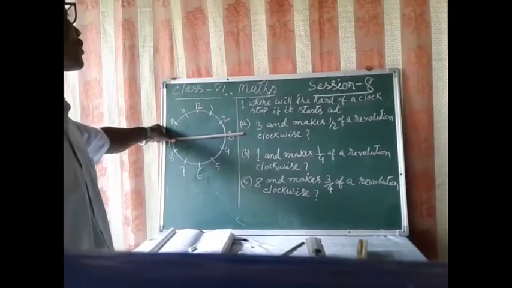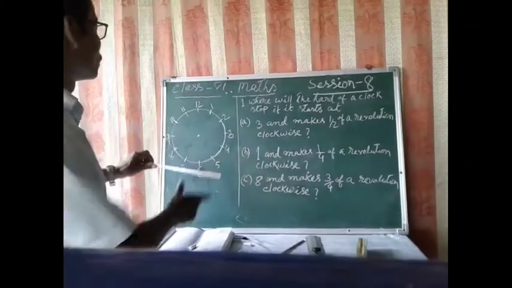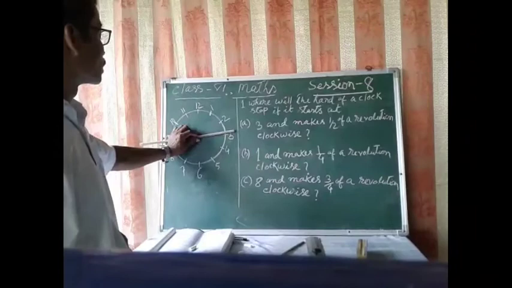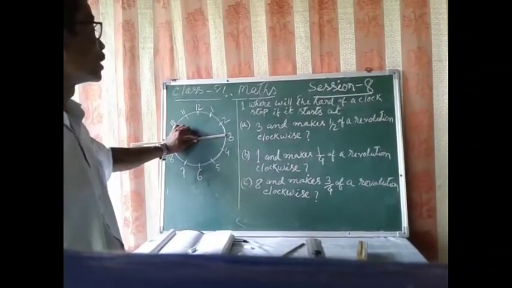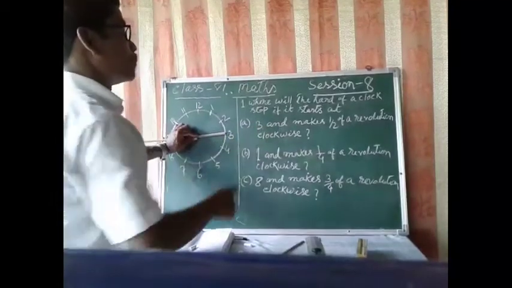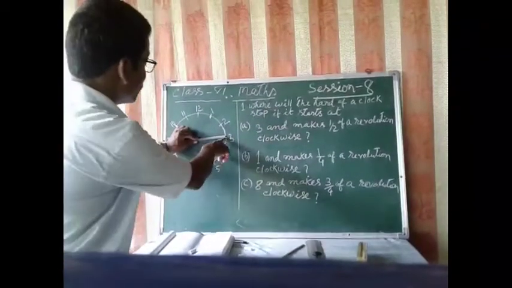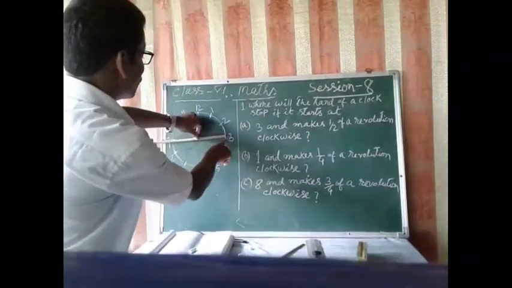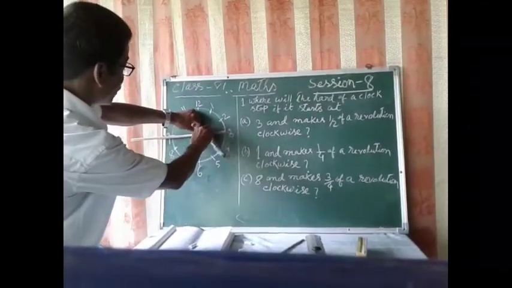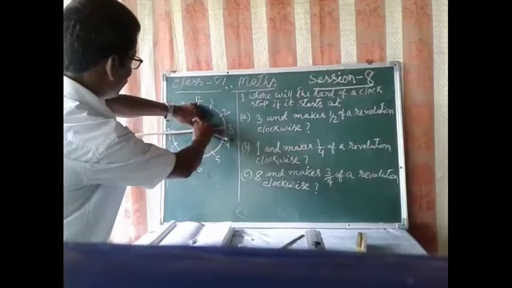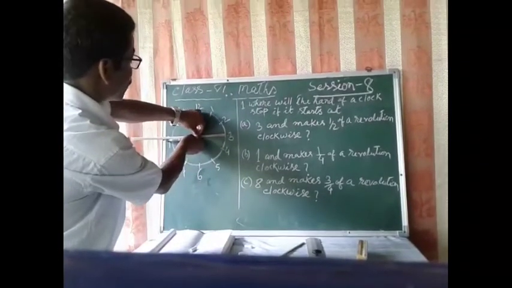Now the hands of a clock, at these positions, start from 3 and make half a revolution. This pointer moves from here to there, from 3 to 9. This is half a revolution.